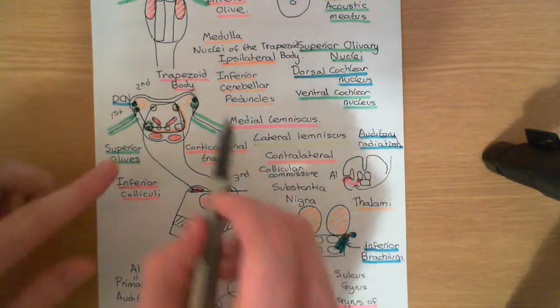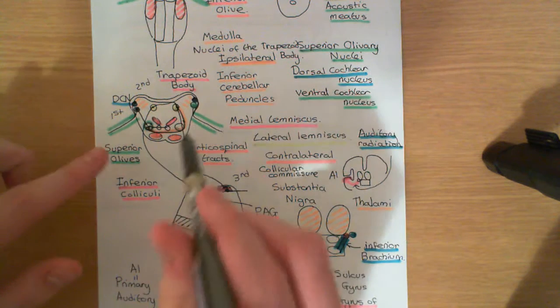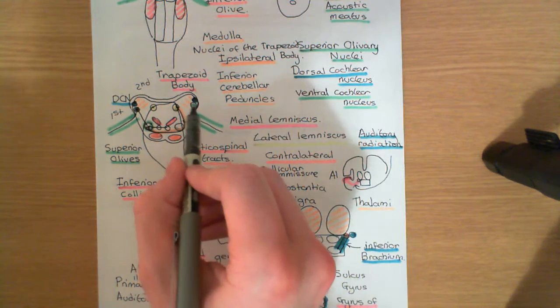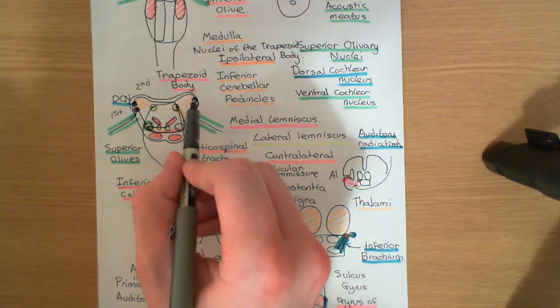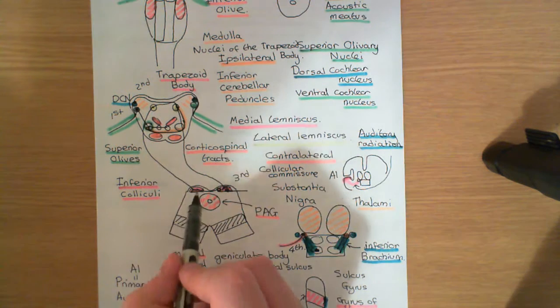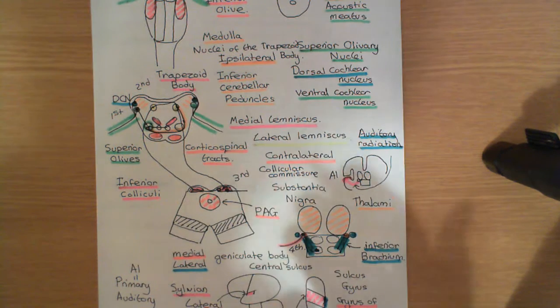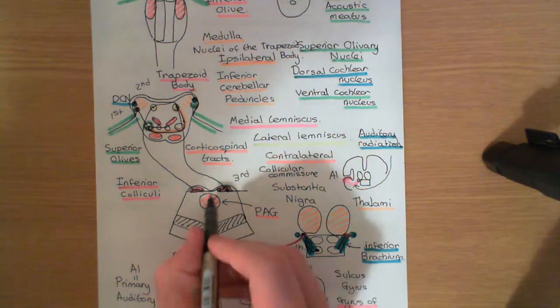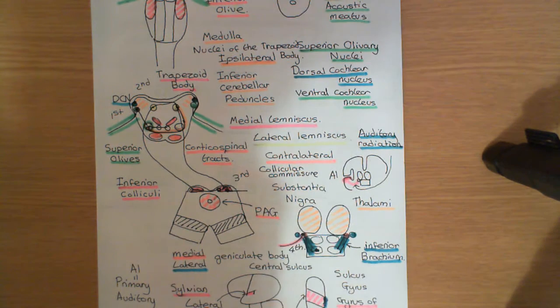Okay, so remember the pathway that we discussed in the previous video involved the second order neurons from the dorsal cochlear nucleus going up and synapsing on these third order neurons in the contralateral inferior colliculus. These are the neurons that we're now going to inhibit.